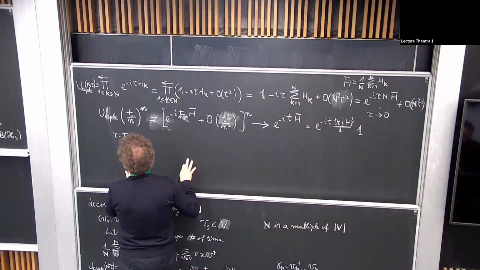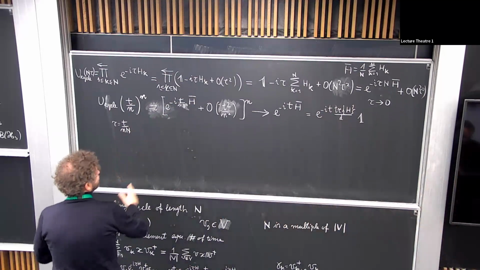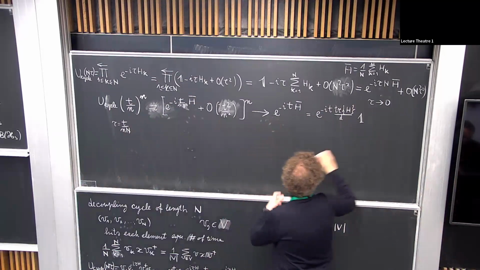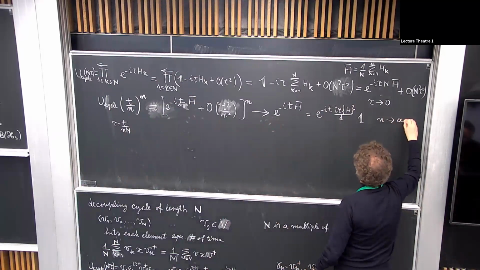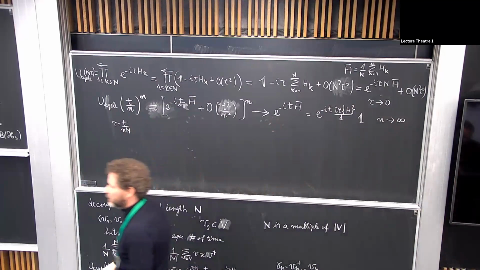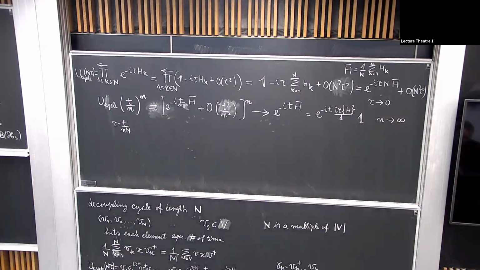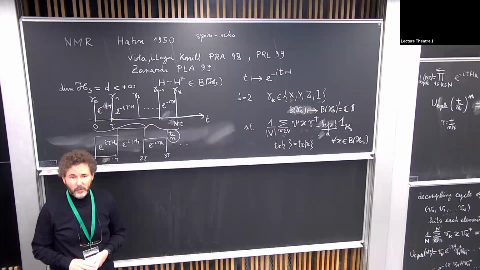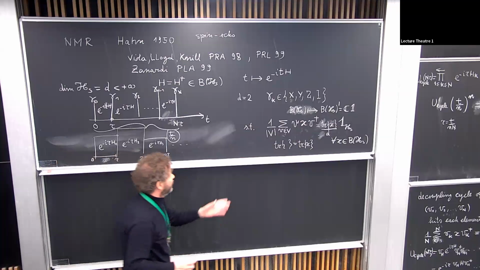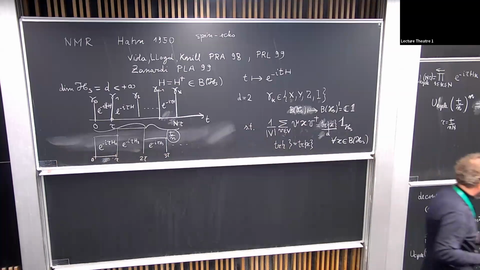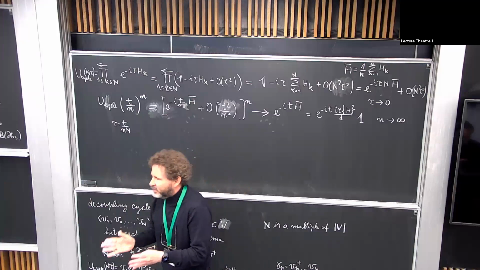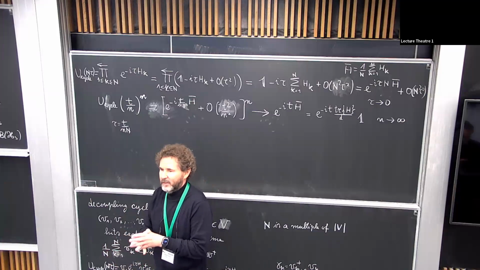Of course, this is the limit. What is interesting in applications is the rate of convergence of this limit. This is exactly related to what we were saying before. What is the physical meaning of the limit n to infinity?